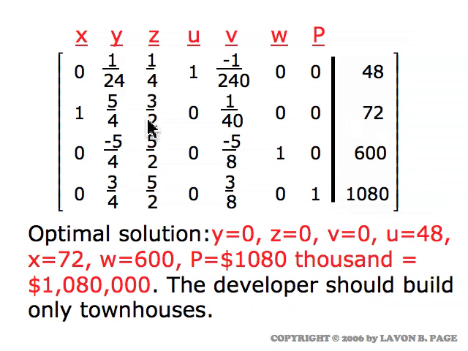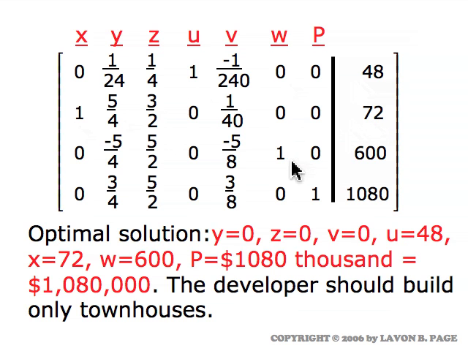The y column, the z column, and the v column are not in the basic form, so those variables get set equal to 0. The first row tells us u is 48 when we block out the y, z, and v column. That's what the equation would be that first row represents. The second row tells us x is 72.